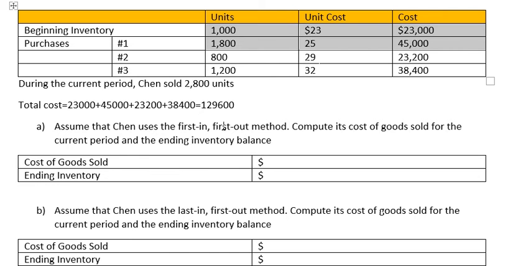So the cost of goods sold for first in, first out is 1,000 multiplied by 23 plus 1,800 multiplied by 25, and we have 68,000.